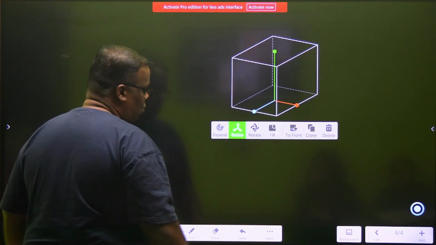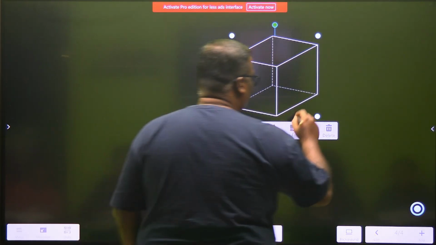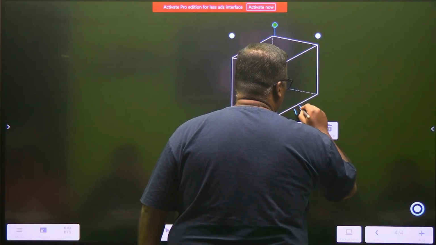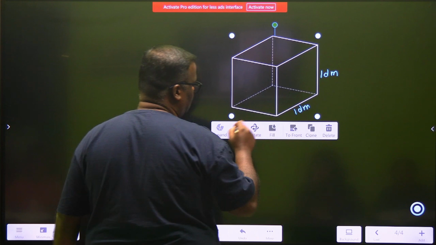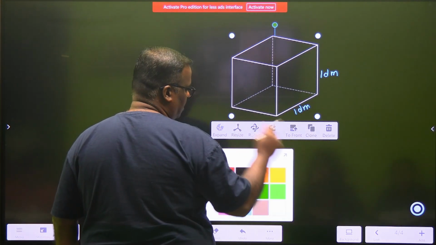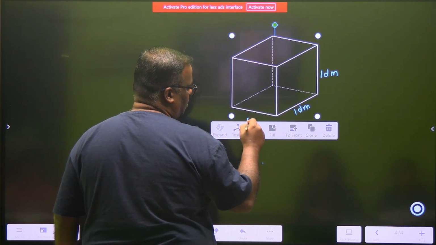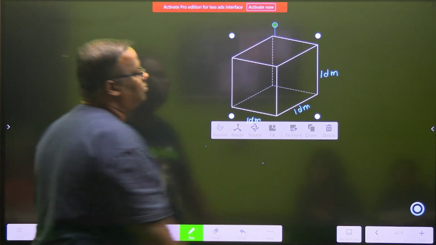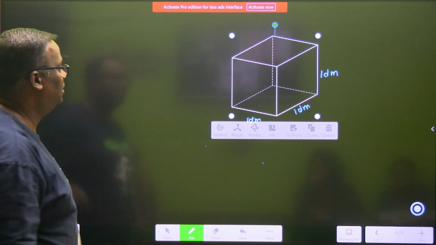Okay. Now this looks like a cube. Take a cube whose sides are 1 dm, 1 dm, and 1 dm. I have a cube in which each edge is how much? 1 dm. Okay.